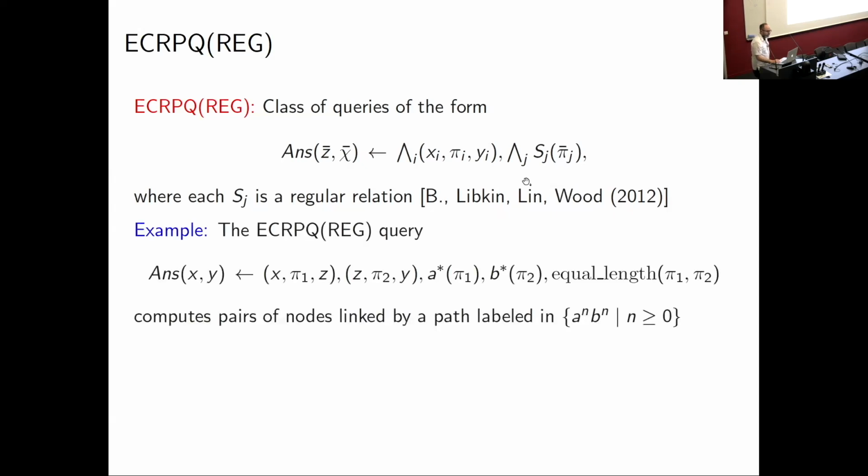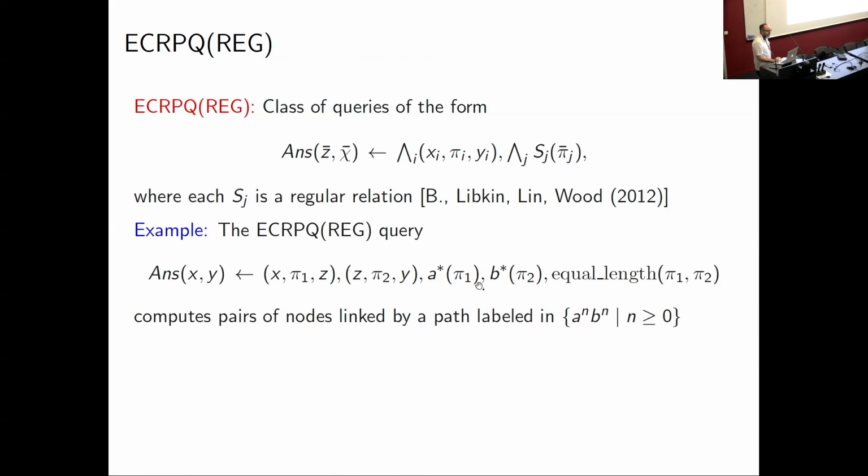Look at this query. It says the following. I want all pairs of nodes x and y such that there exists an intermediate node z for which we can reach z from x via path pi 1. We can reach y from z via path pi 2.